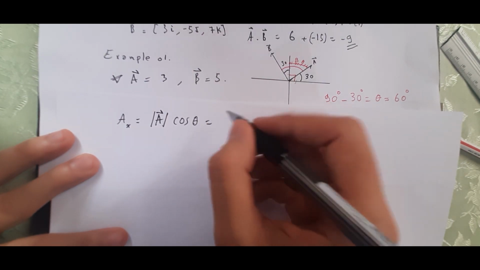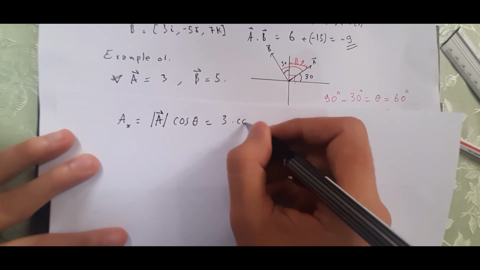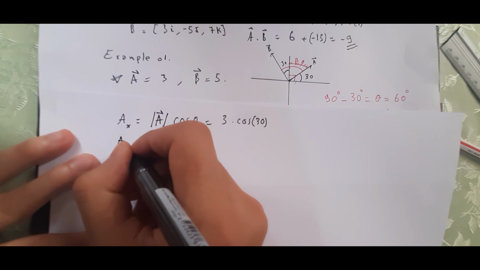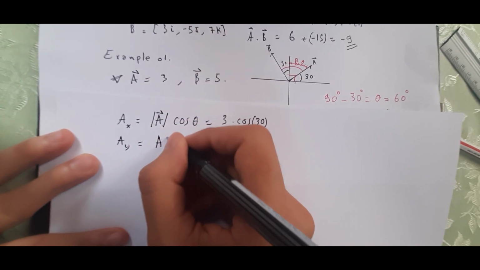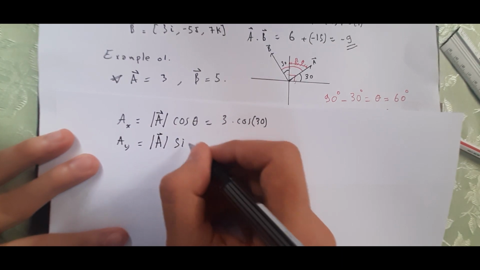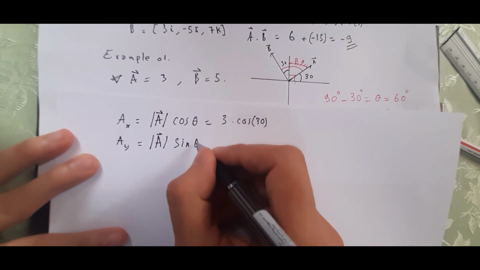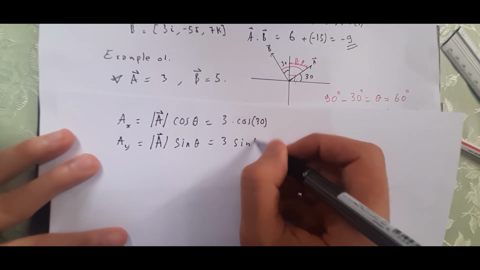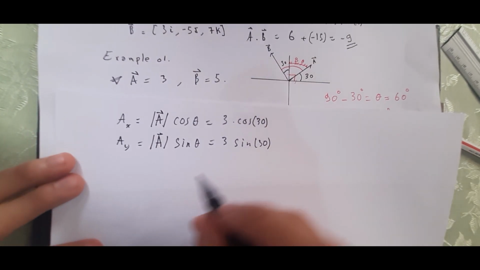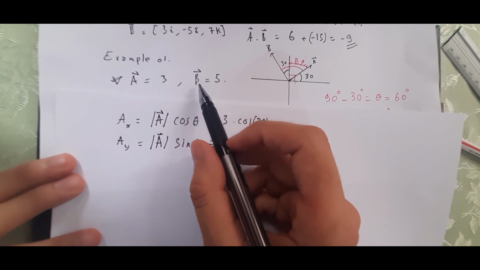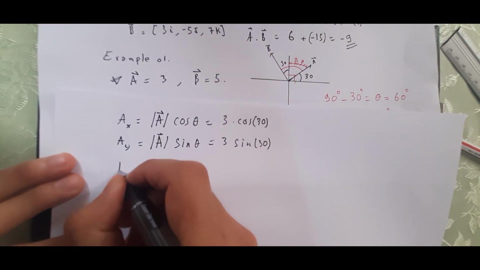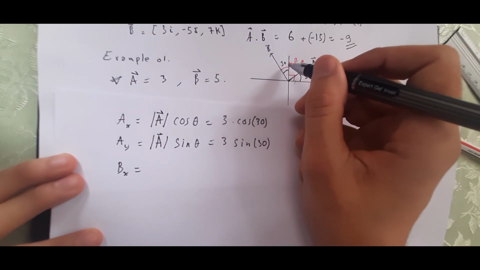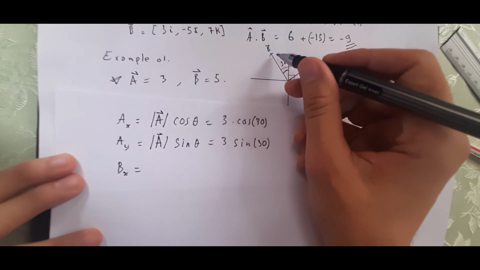So AX equals 3 times cosine of 30, and AY equals the magnitude of A times the sine of 30. Not theta, actually it's 30. So 3 sine of 30, and we can find the BX and the BY components. For BX, in this case we have to calculate the angle between B and the x-axis.